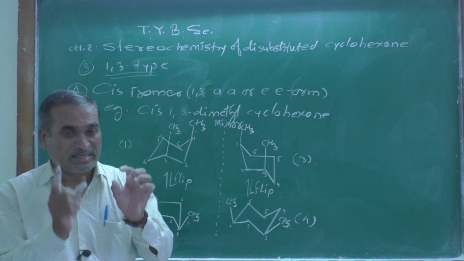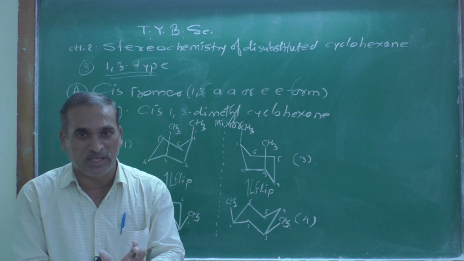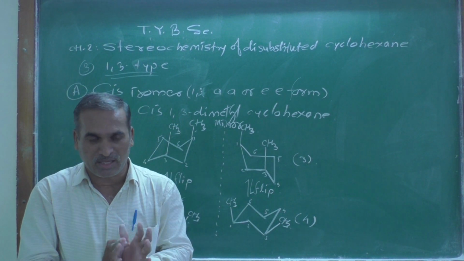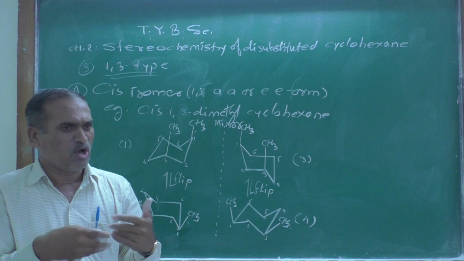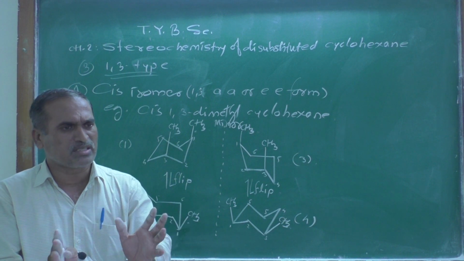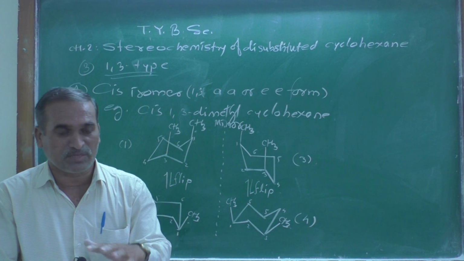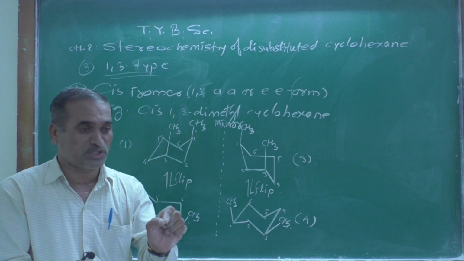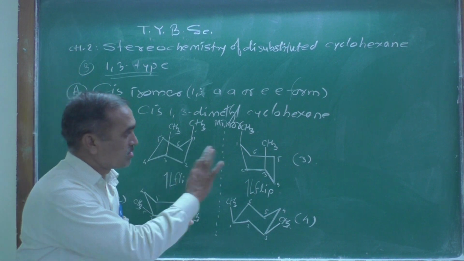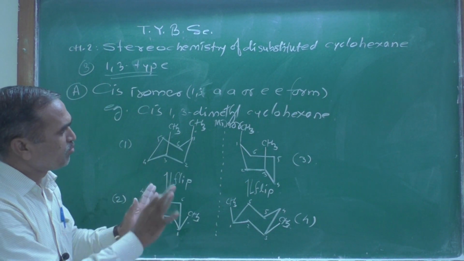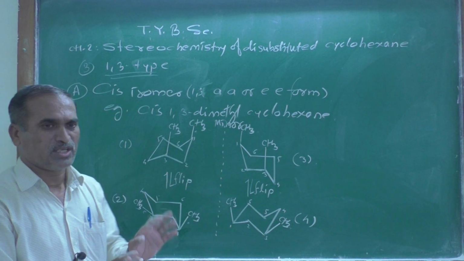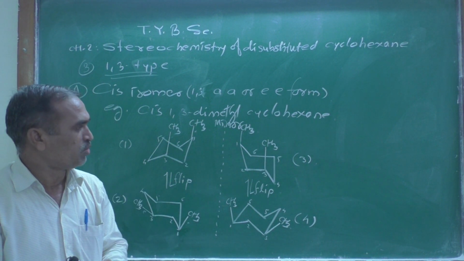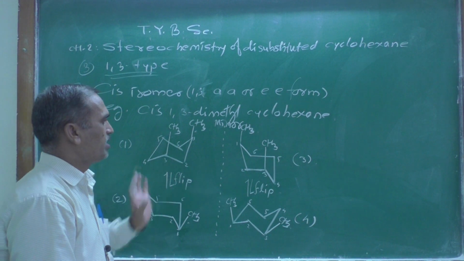Those who listen to the lecture carefully can understand the basic concept, and they find organic chemistry a very easy subject compared to other subjects, because here you just have to concentrate on what the teacher is explaining. If you understand it once, it is very easy, and there is no need to study again and again. Once you know the basic concept, you can understand very easily.